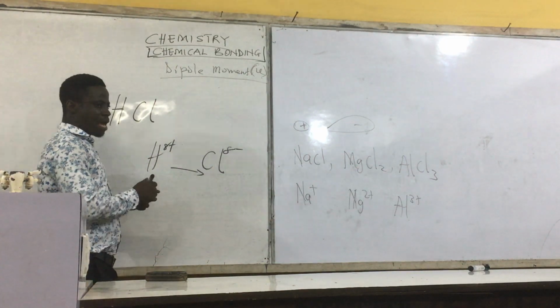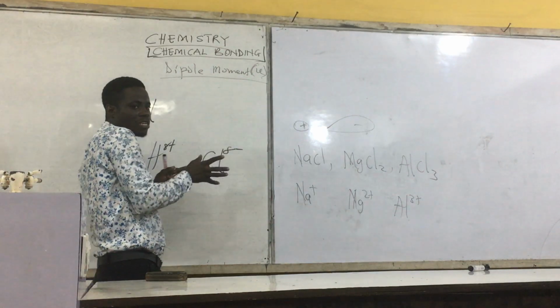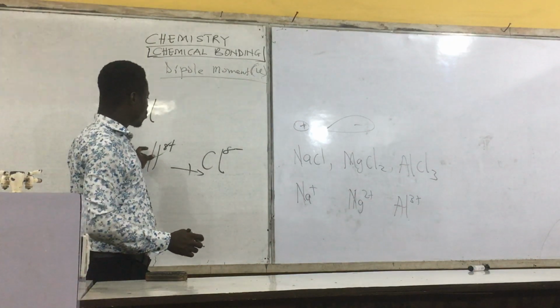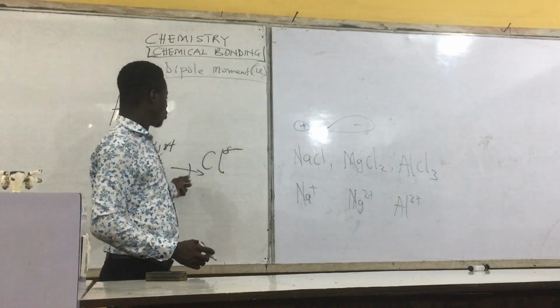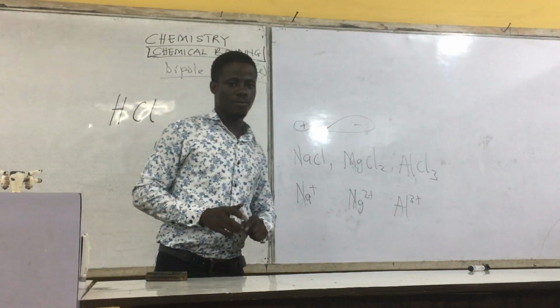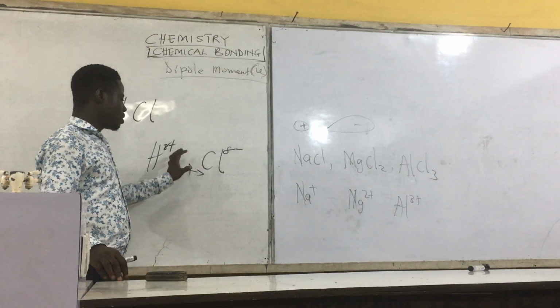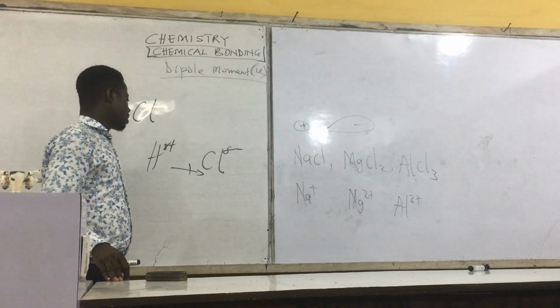So the electrons will be pulled towards where there is more electronegativity. And that movement, or that force moving the electrons to the more electronegative element, is what we call dipole. So this is what we normally see. You see this sign, it's moving towards the more electronegative element.